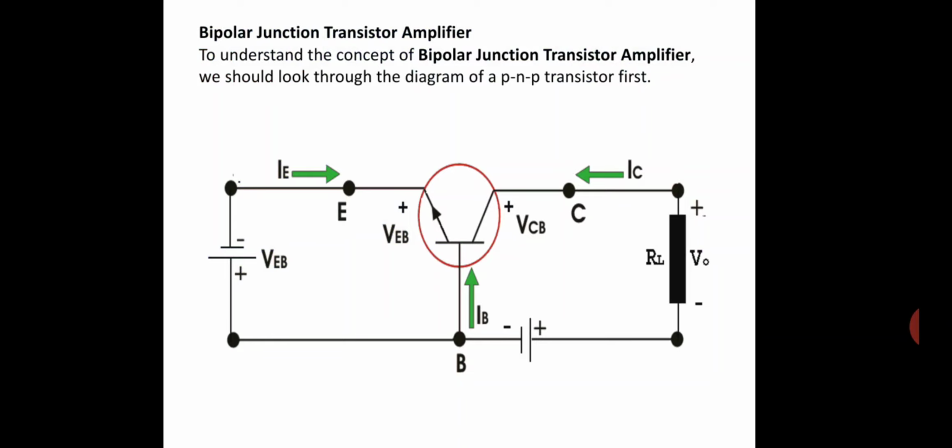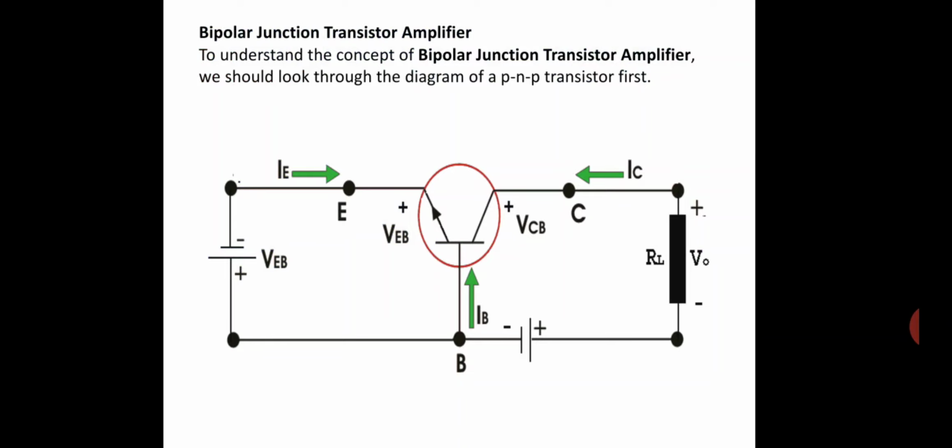So the BJT configuration can be described in three terms, depending on which part is common. It is a three-terminal device, two terminals for input and two terminals for output.